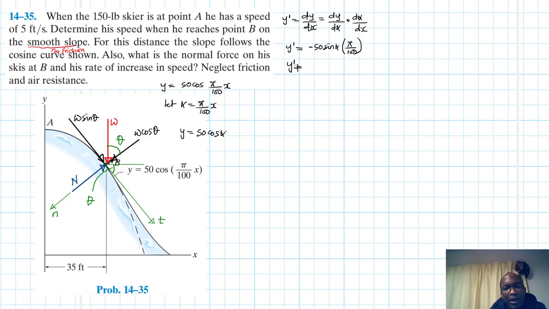The 50 cancels, so y prime is just equal to minus pi over 2 sine alpha.